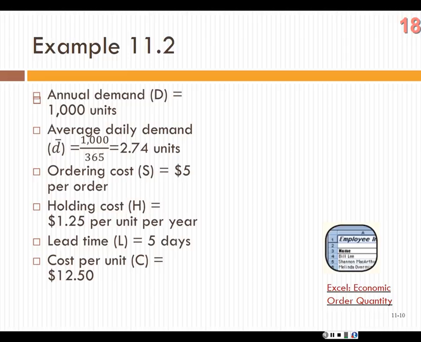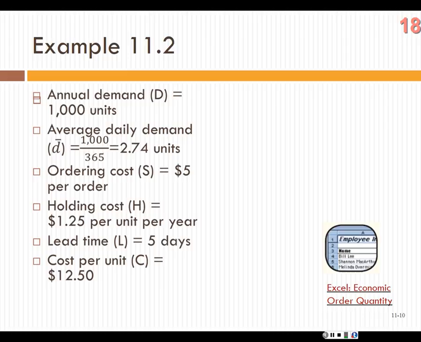Do you remember what we said our formula for reorder point was? It's pretty simple at this point. Lead time times average daily demand. So our lead time is 5 days, right?